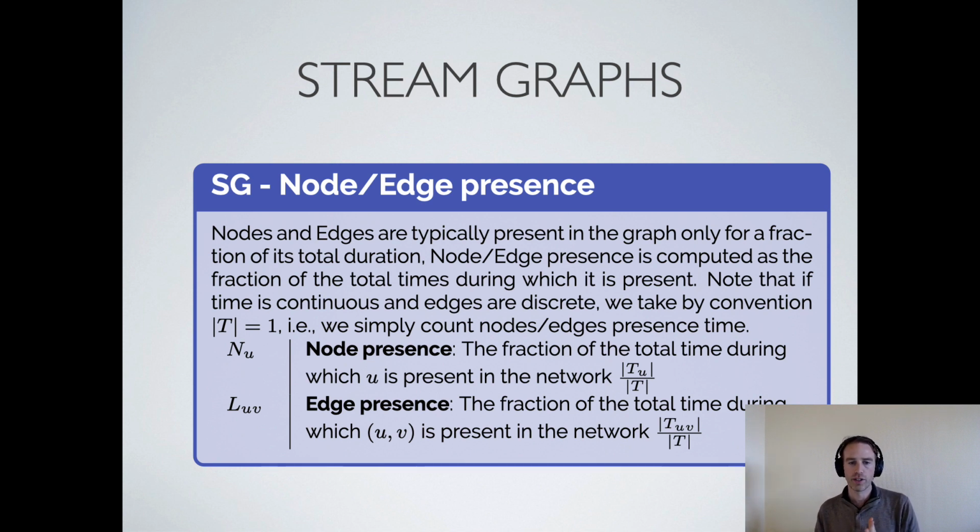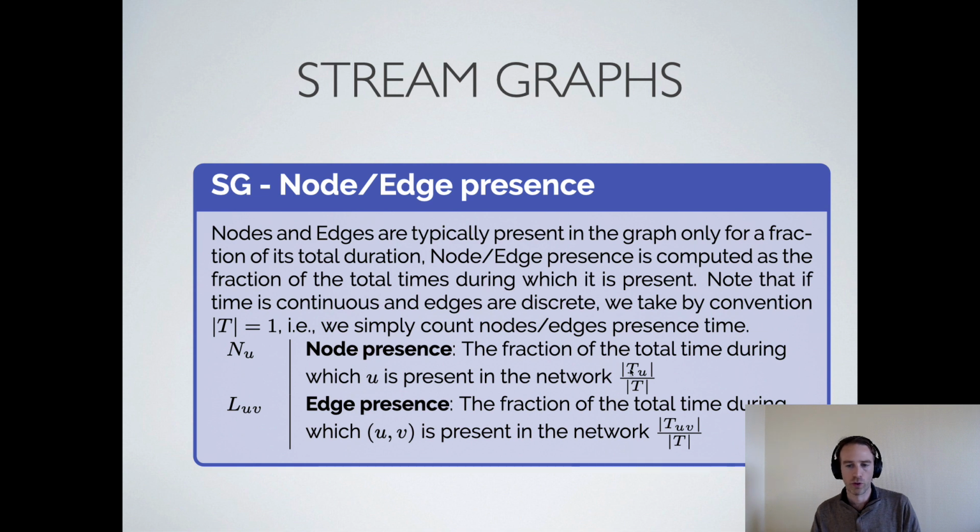Okay. So now that we have introduced the basic notions of stream graphs, we can introduce new notions, and the first one is node presence and edge presence. So this is quite simple. It's just that since nodes and edges are not present all the time, we want to quantify how long they are active in the graph. The edge presence consists in counting the total duration during which the edge is present, and dividing by the total duration of the stream graph.